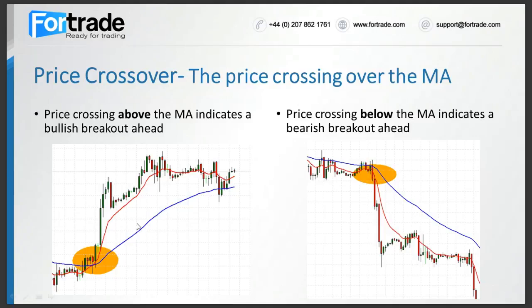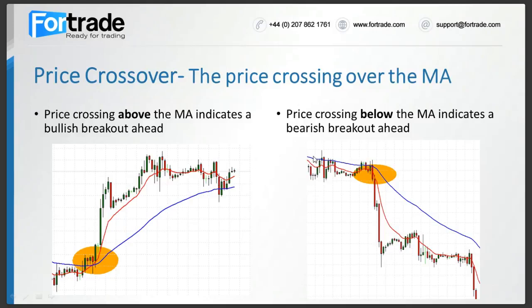So here, in these two pictures, we can see that price is moving above the moving averages, and this is our longer-term moving average, which we are going to use more, and it will be better to use it more frequently than this short one, because as we can see here, it's not very useful because of the volatility of the market.